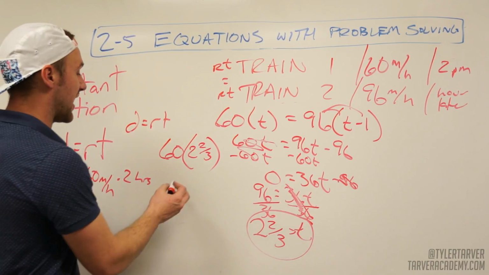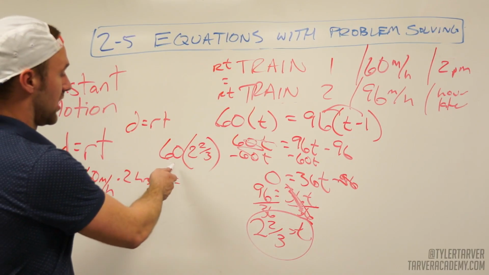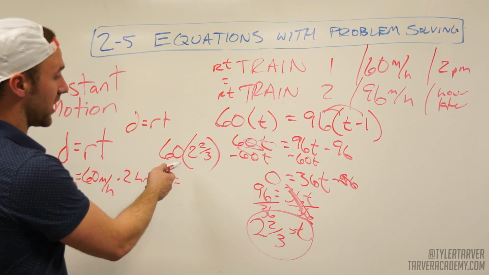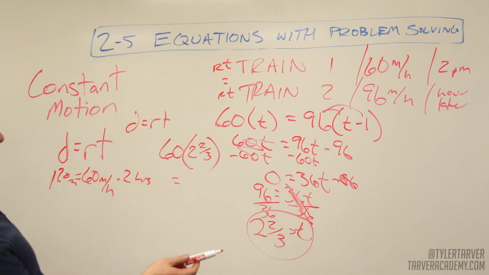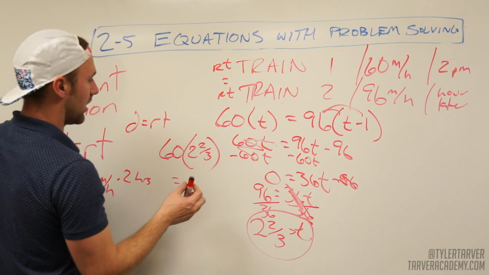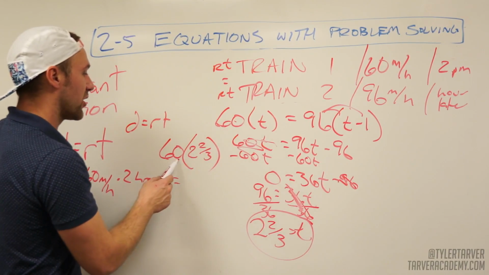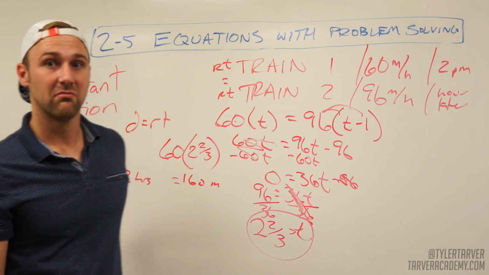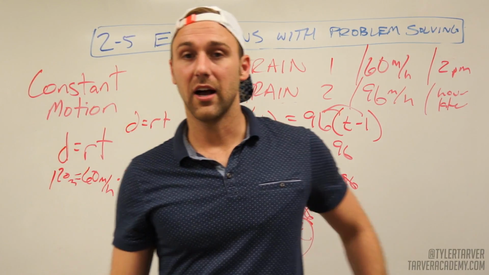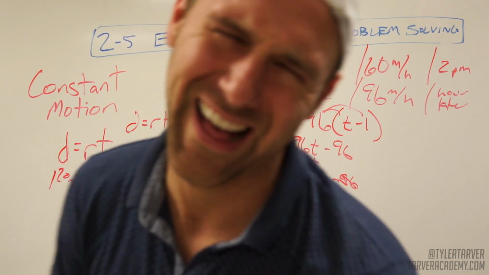If I had to guess, it's 120 plus 40. I'm sorry, I got off track. 120 plus 40 is 160, so it'd be 160 miles, probably. I don't know, that seems right. Let me know in the comments if I'm wrong, and I'll feel bad, but I'll still keep the video up.